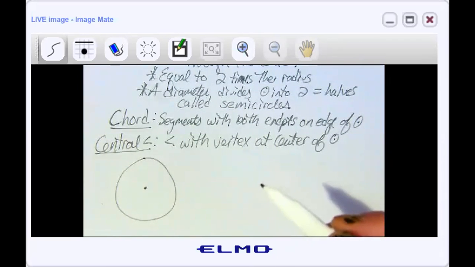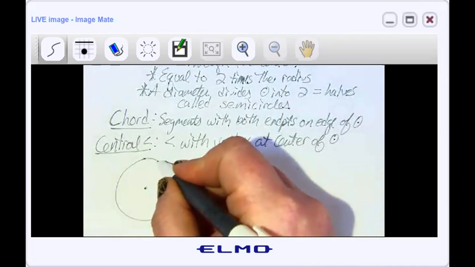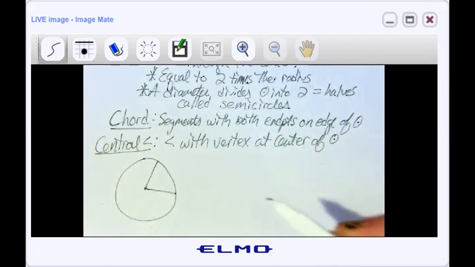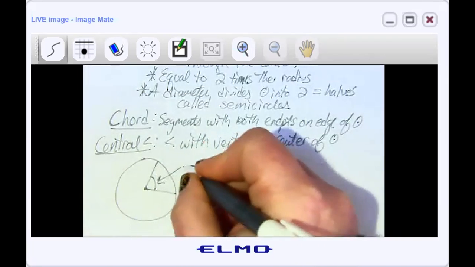We're not going to say, ha ha, that wasn't actually the center. If there's a dot in there, you can assume it's the center. All right, so there is my center point. To draw a central angle, I would just draw an angle so that its vertex is at the center. So this right here is what we refer to as a central angle.